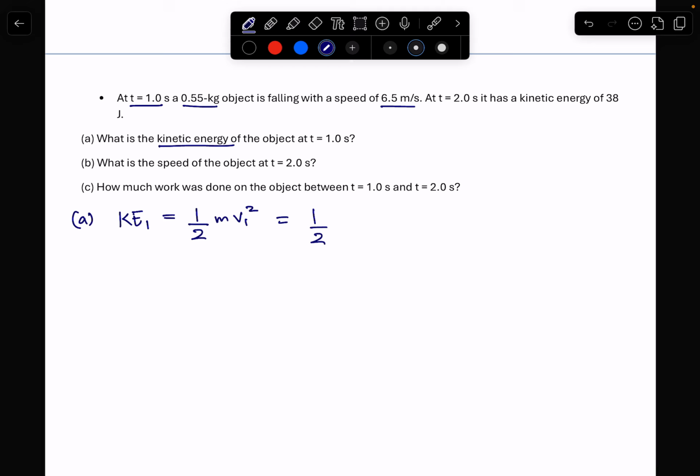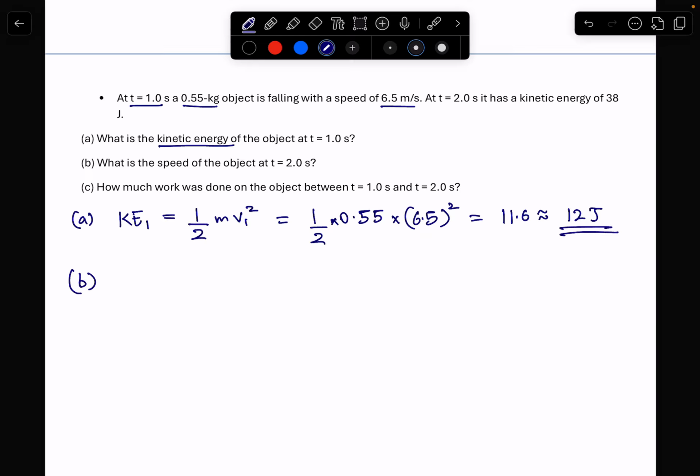Right, so half m is 0.55 times 6.5 squared. 0.55 multiplied by 0.5 multiplied by 6.5 squared. The value I get is 12 joules.